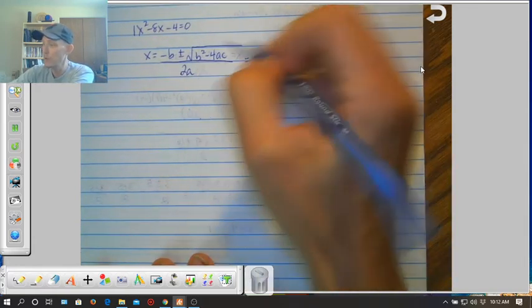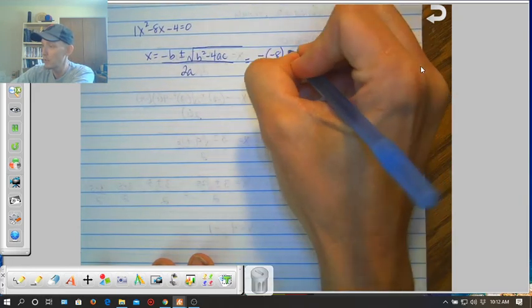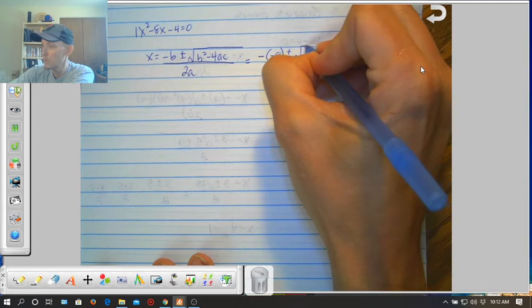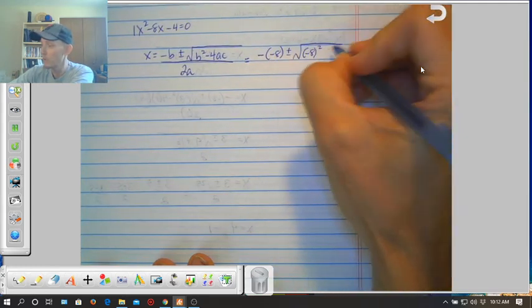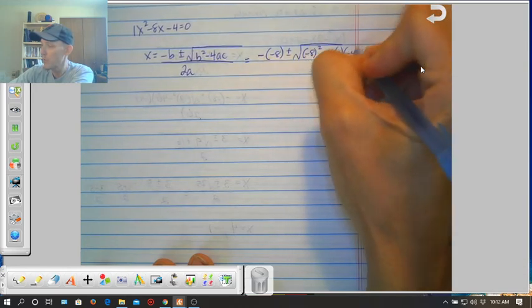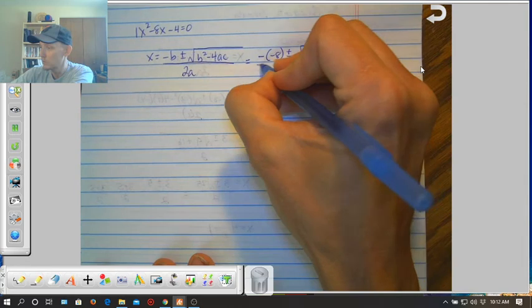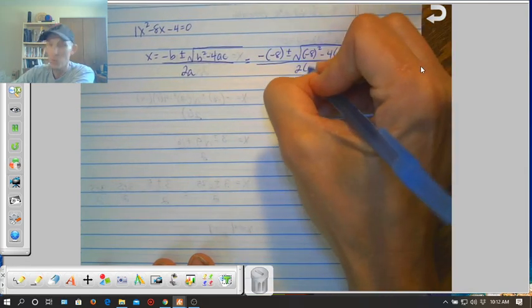So let's do that. Opposite of b, negative 8, plus or minus the square root of negative 8 squared minus 4 times 1 times negative 4, all over 2a, so 2 times 1.